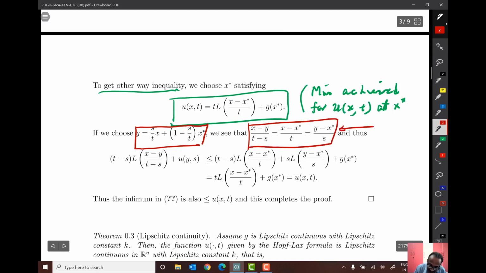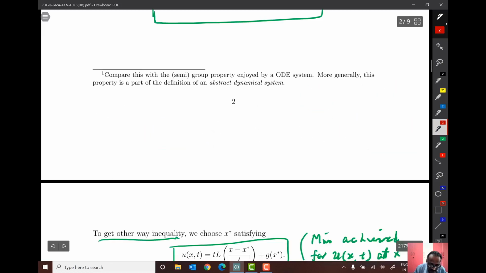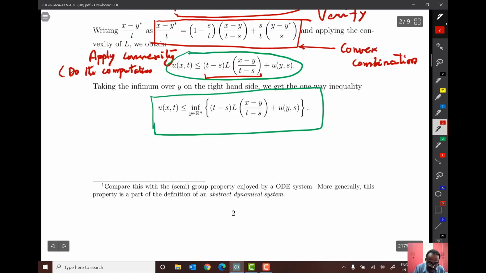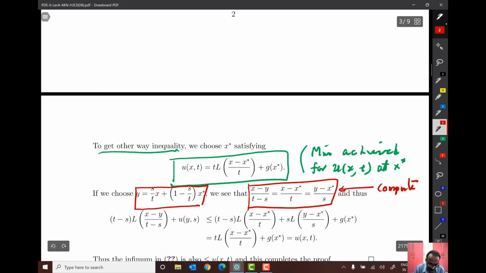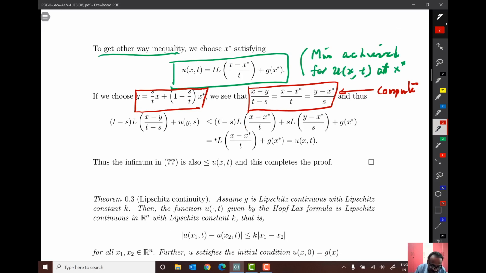Okay, compute it. You can see that all these three are equal. And this is what you want to compute, because this has to come to the left hand side. So you see, if you look at here, this is right hand side. So you have to come to the left hand side, and you have your L of (x minus y)/t minus s. Look at here.